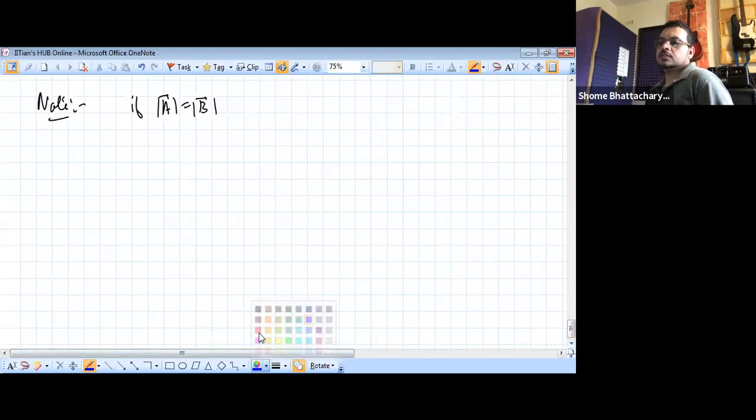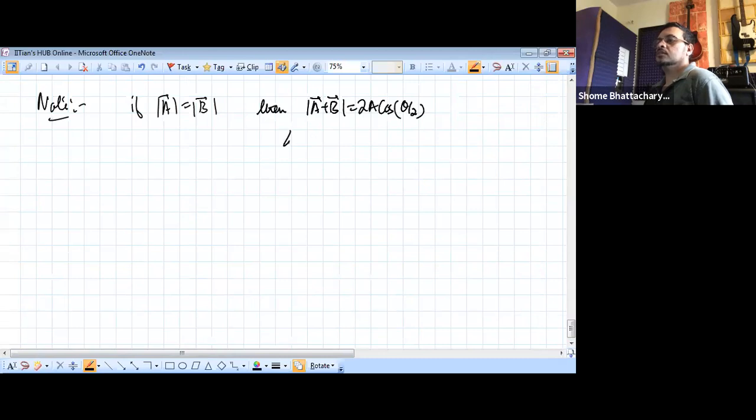Okay, so now coming back to this. This thing that we have, that if mod A is equal to mod B, then mod A plus B is equal to 2A cos theta by 2, and mod A minus B is 2A sin theta by 2.